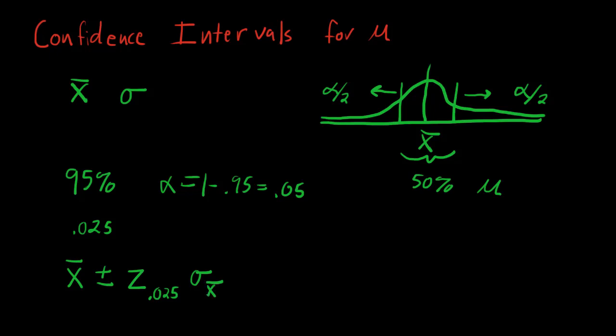Where if we're just given our population standard deviation, we get x bar plus or minus our z value for alpha divided by 2, or 0.025, times our population sigma divided by the square root of n, because that's our formula for converting our population sigma back to sigma of our sample means.